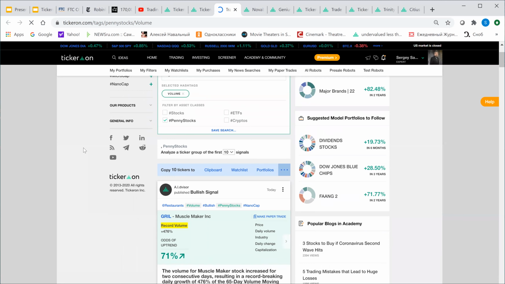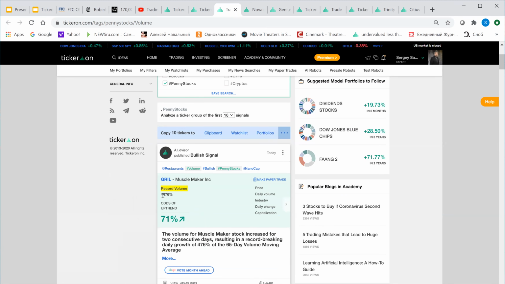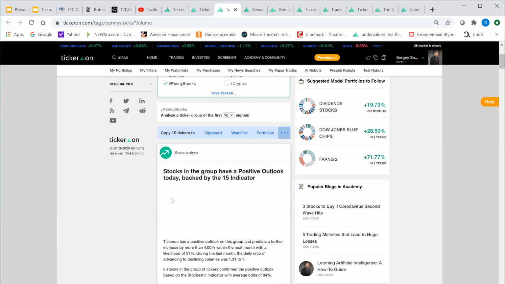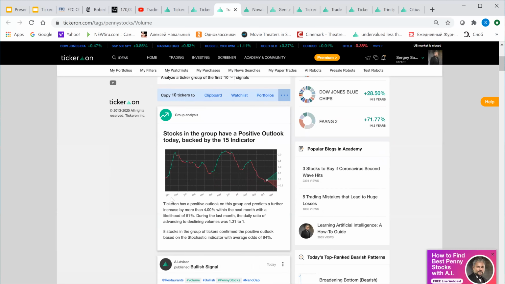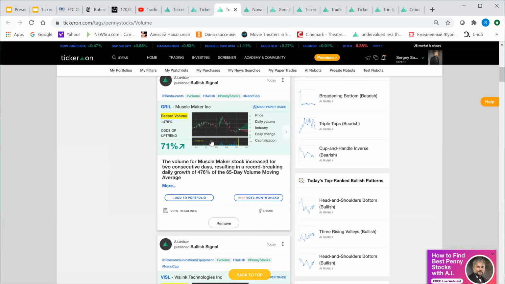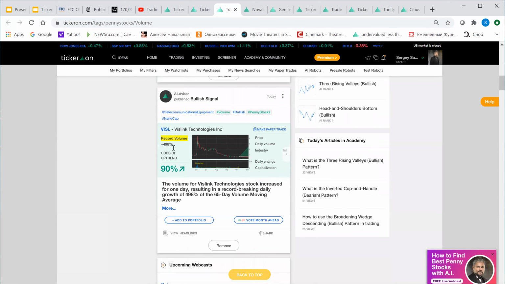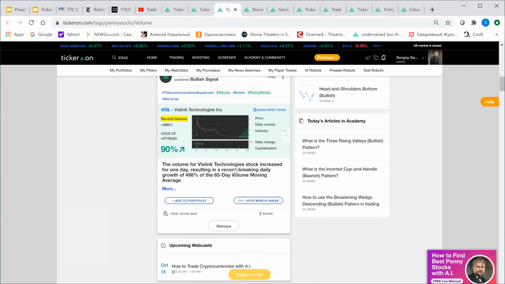Okay, so you see plus 476 volume up. There were some bumps, most likely purchases, and then AI is making a conclusion that this volume might move the price. And you see another volume jump.